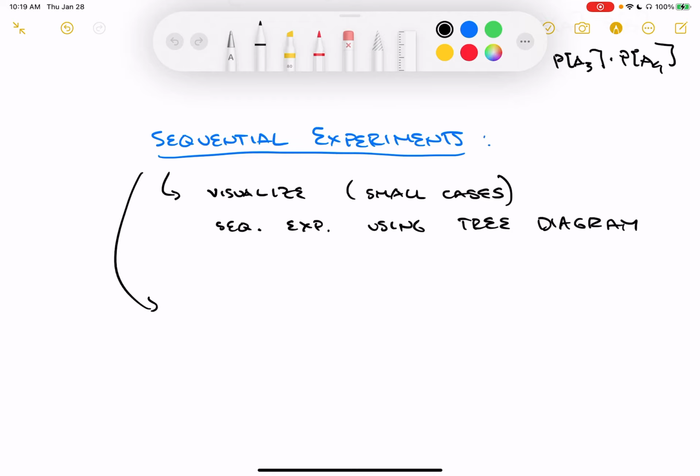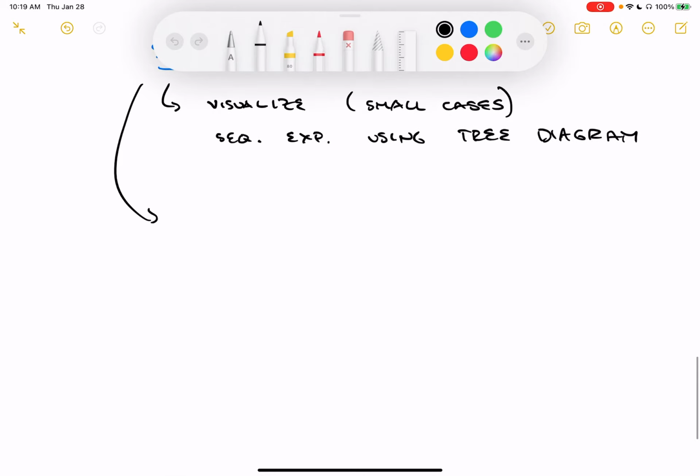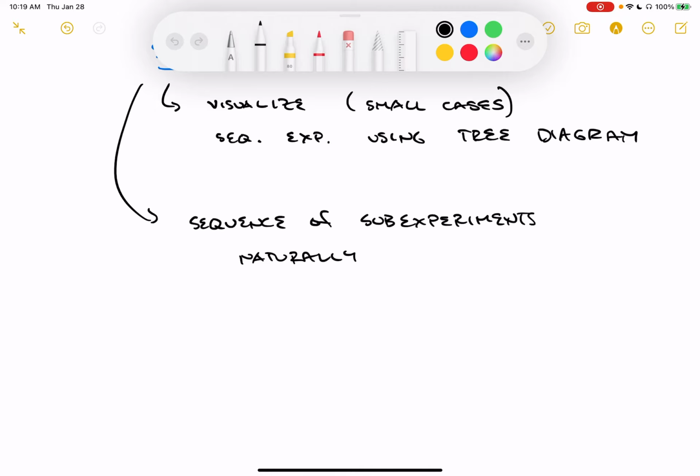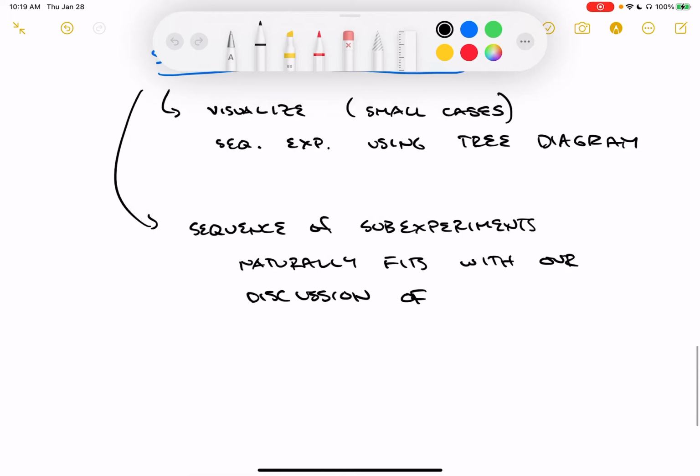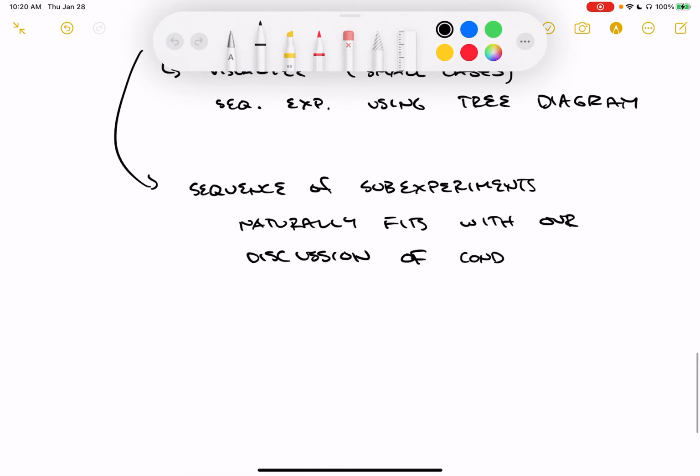So I'll make a comment before we get in there, that the sequence of sub-experiments naturally fits with our discussion of conditional probabilities.